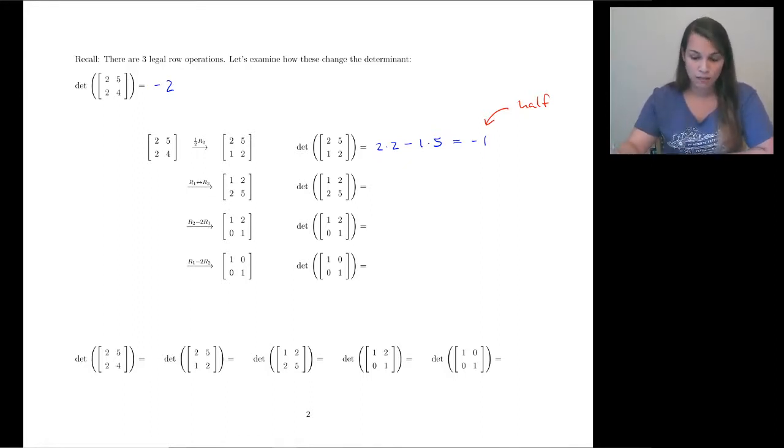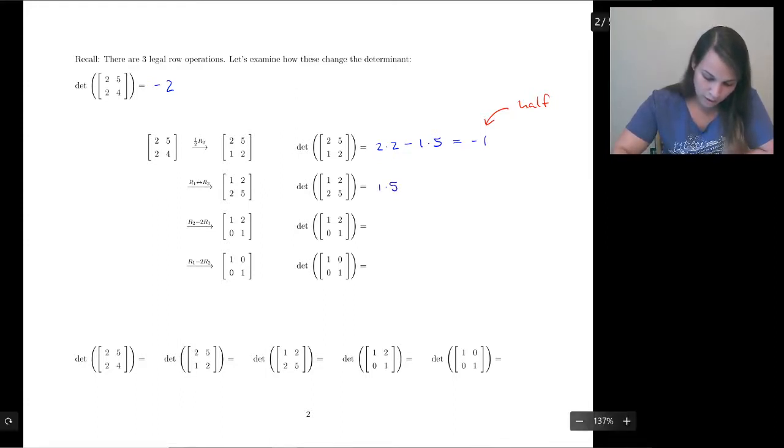Okay, that's pretty logical. And then next we switch some rows. So now we have 1 times 5 minus 2 times 2. So that is now a positive 1. This flipped our sign from negative to positive.